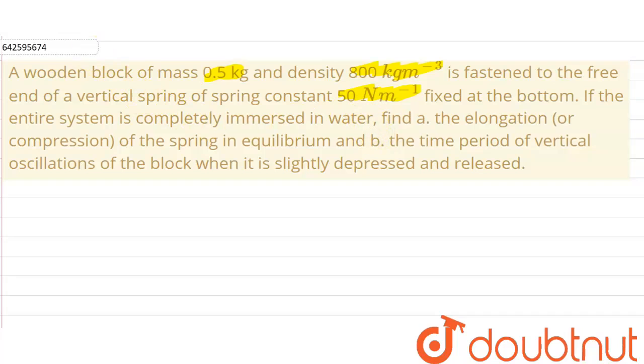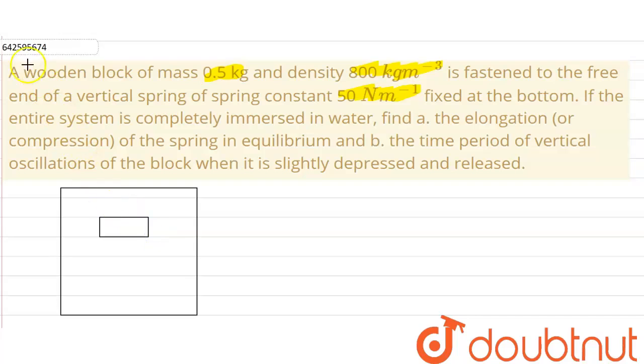Okay, so what we have been given is that the entire system of our spring and mass is submerged into water. Let us suppose that this container is completely filled with water and a vertical spring is fixed at its bottom, and the top free end is carrying the weight of 0.5 kg.